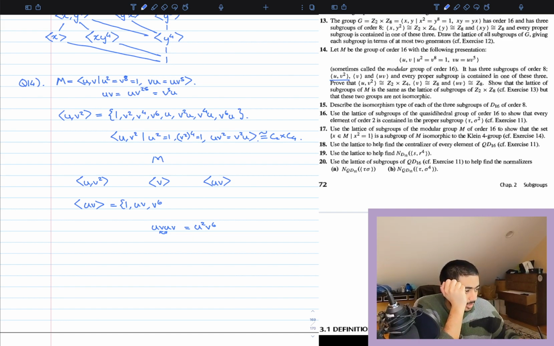I'm guessing next step, so when we do UV cubed, this should be U squared V to the 6 times UV. Now we can swap these and get U cubed times V to the 31, which is U times V what?